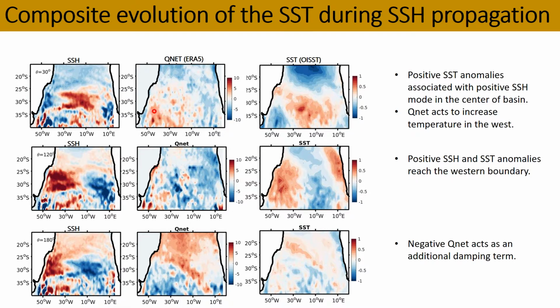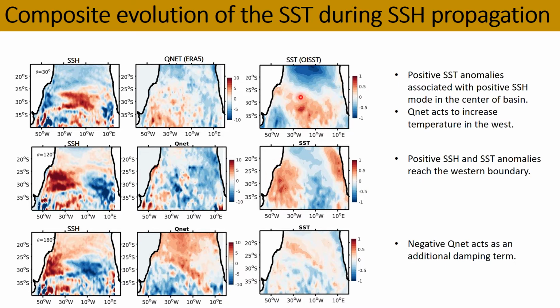So it helps this propagating anomaly to increase the temperatures here, and we see the mechanism as it propagates. And you have a second phase where it arrives here, the QNet is not doing too much, but tends to cool down a little bit.